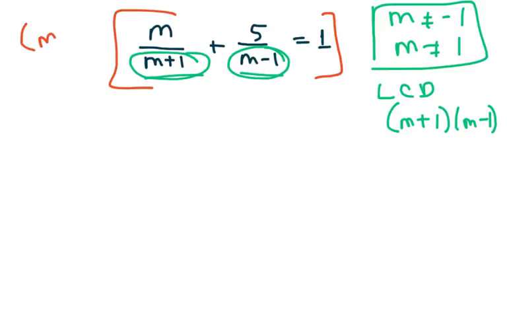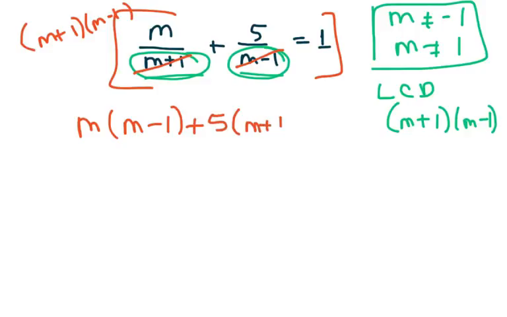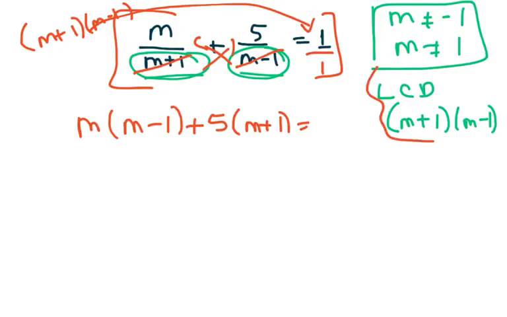On this one, the m plus 1 cancels, so I get m times m minus 1. In this case, my m minus 1 cancels, so I get 5 times m plus 1. Kind of like crossing here, right? And then nothing cancels here when you distribute, so you just get m plus 1 times m minus 1.